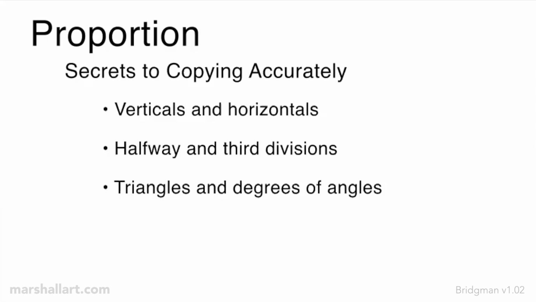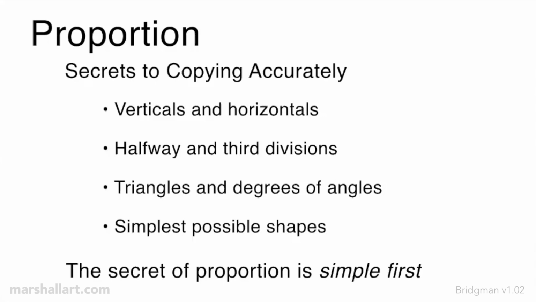Can we look at an angle and name it? If we can, we're seeing accurately. And simplest possible shapes, because this is complex. The biggest secret of interpreting proportions accurately is to reduce to simplicity.